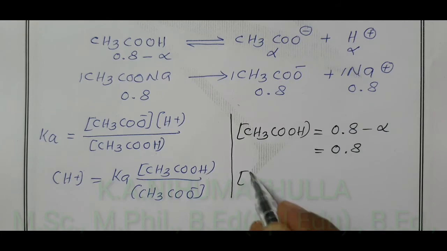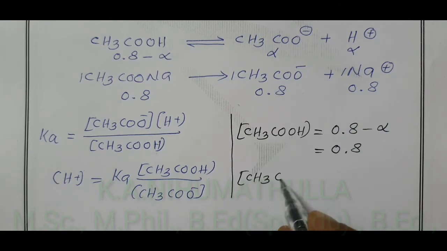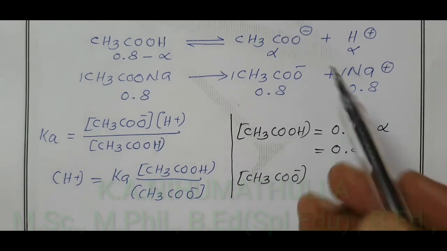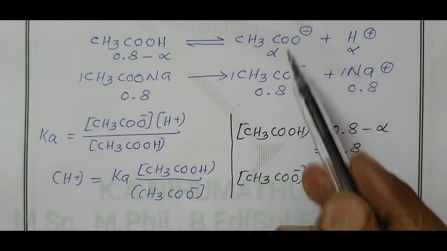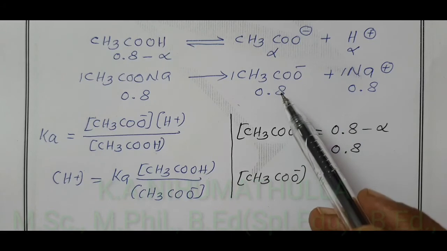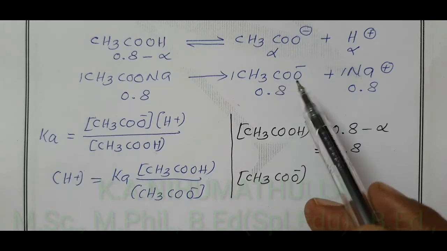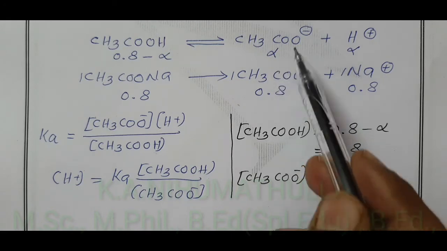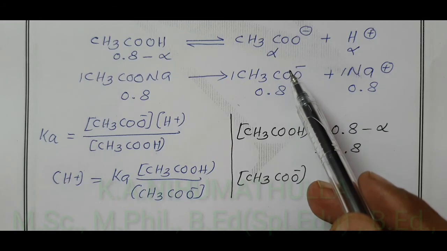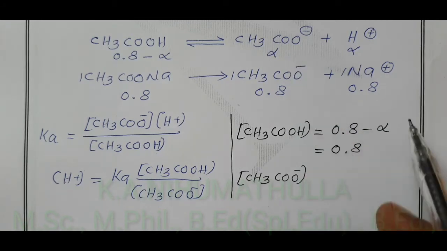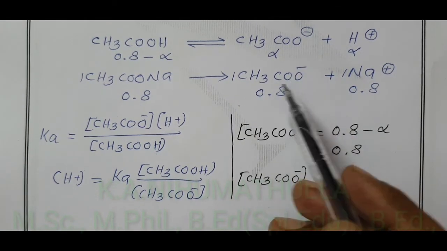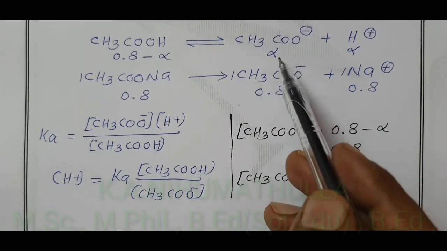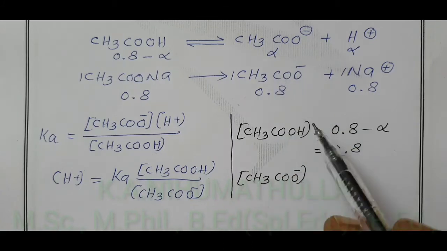Concentration of acetate, how to find out? In the given two equations, acetate is formed in these two reactions. So both the acetate are in the product side. If an ion or a molecule is in the product side, we have to add these two values.